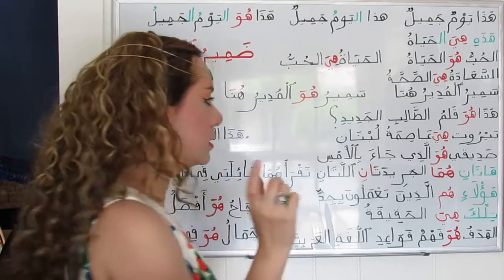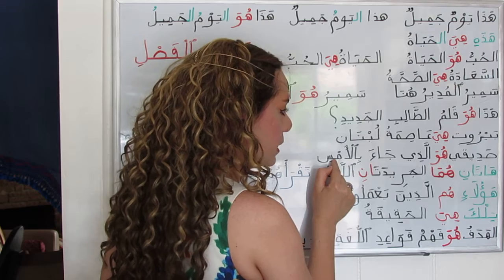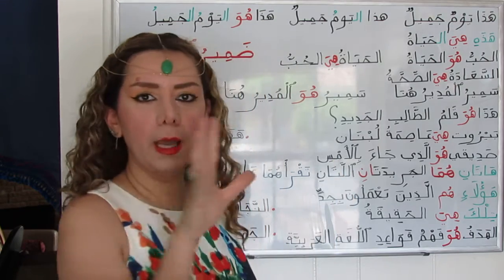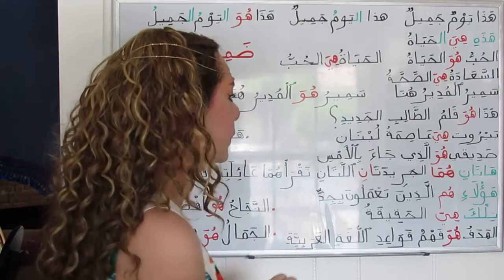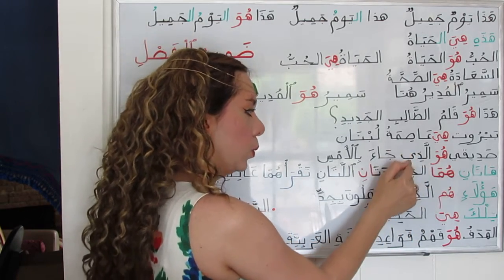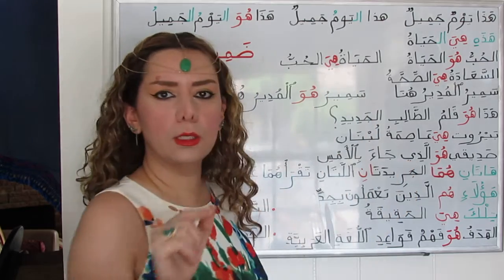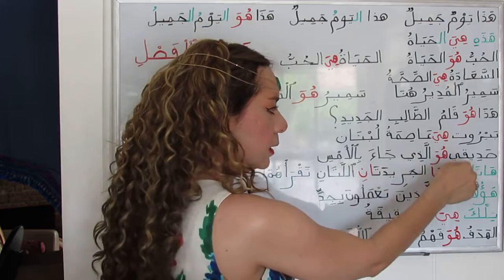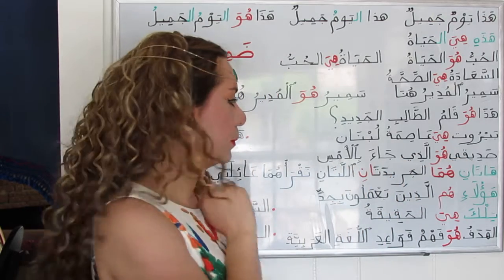This is the relative phrase. الذي جاء بالأمس. I have a lesson about relative clause that you may check. So my friend is the one who, الذي, who, referring to the singular masculine, صديق, who came yesterday.